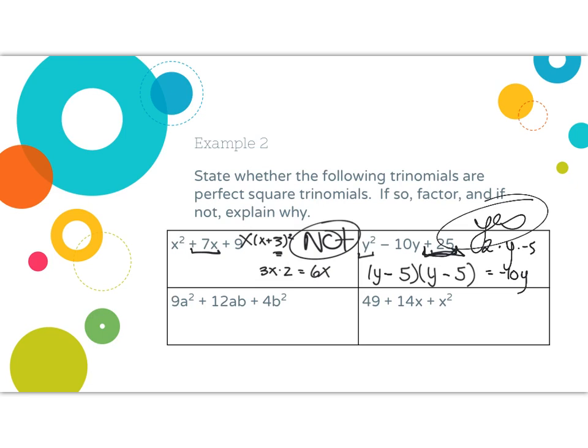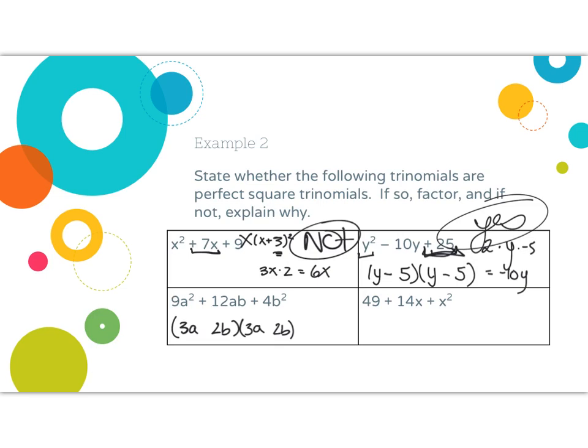Okay, our third one here. We're going to use the square root of our first term. So 9a squared is a perfect square. So we will use 3a. And our last term, 4b squared, is a perfect square. So we'll use 2b. So 3a and 2b. Again, based on what we just did here, let's use the sign in our middle to decide if it's a positive or a negative.